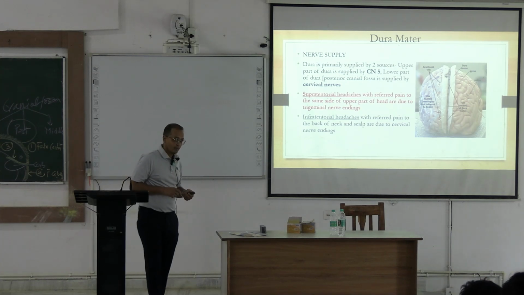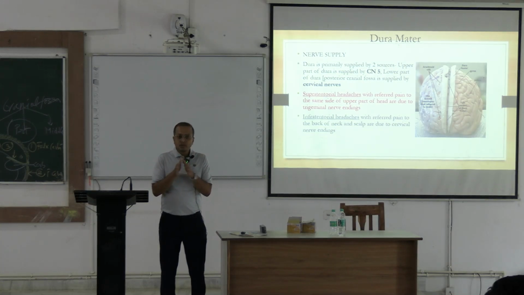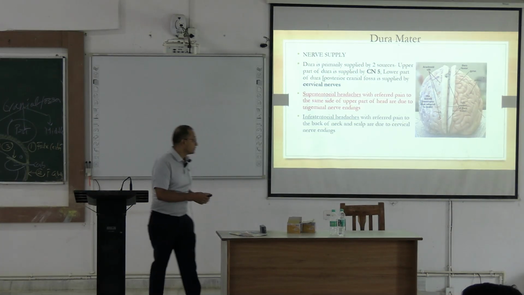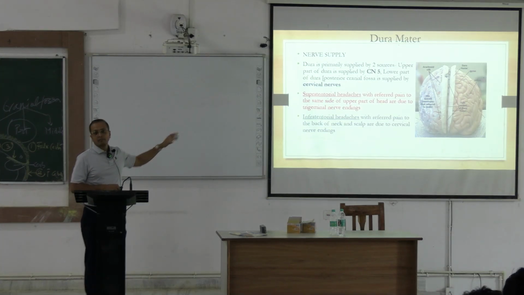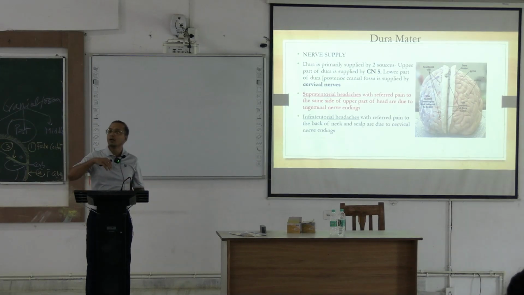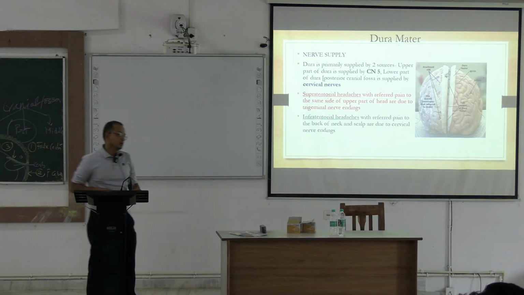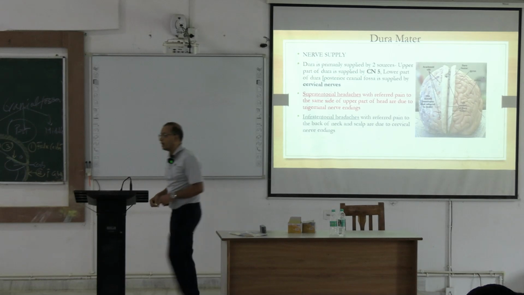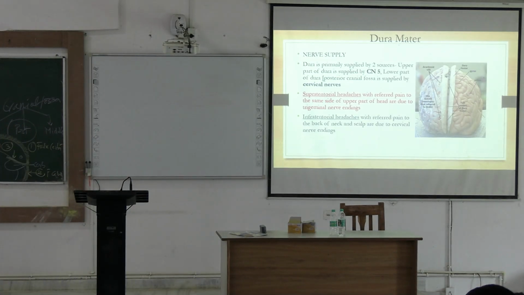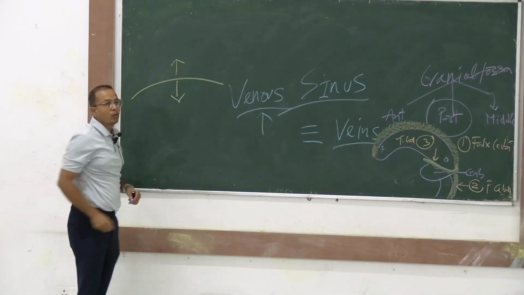Now the most important part, after the discussion is over: the nerve supply to this. The nerve supply of this meningeal fold or the dura refers to sensory sensation, that means touch, pain and temperature. This is divided into two halves by simple landmarks. We have the tentorium cerebelli running between them: above the tentorium, below the tentorium.